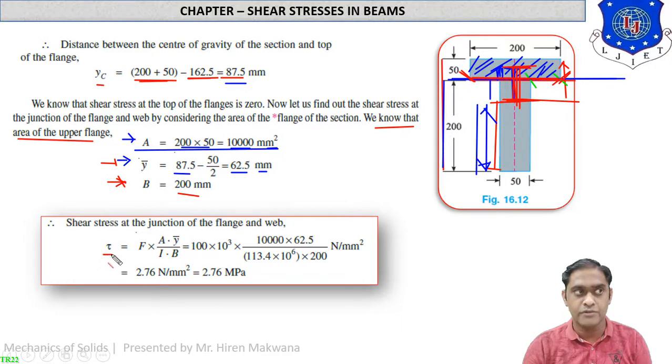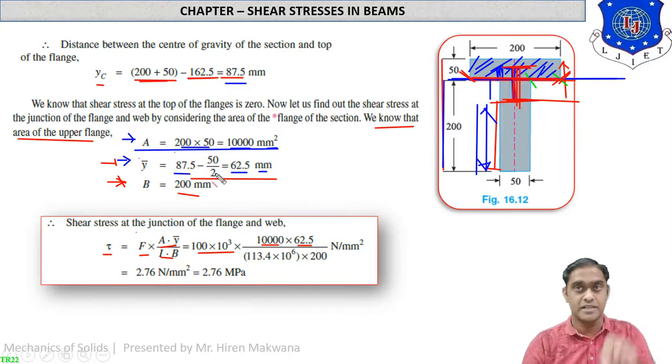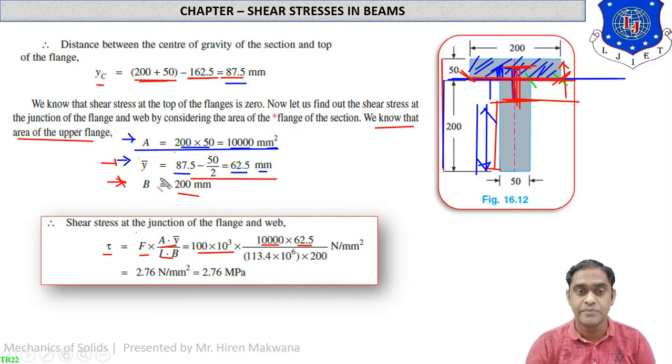Now applying the formula, tau is equal to F A Y bar upon I B. F means 100 into 10 raised to 3, area 10,000, Y bar 62.5. Which Y bar? This Y bar, not the center of gravity itself. The center of gravity Y bar and this Y bar are different. In this formula we have to use this Y bar only, which we have calculated recently.